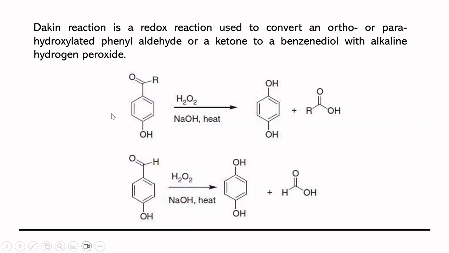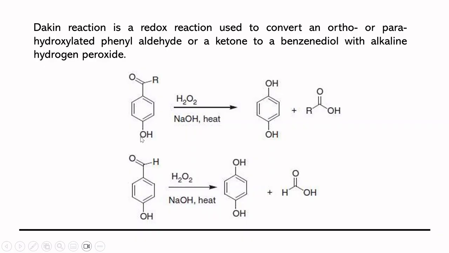It can be an aromatic aldehyde or a ketone, but it should contain an ortho or para-hydroxyl group. After oxidation, the product obtained is a benzene diol, and the reagent is alkaline hydrogen peroxide.